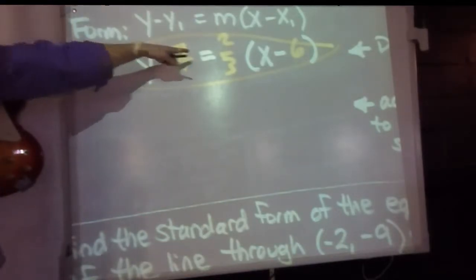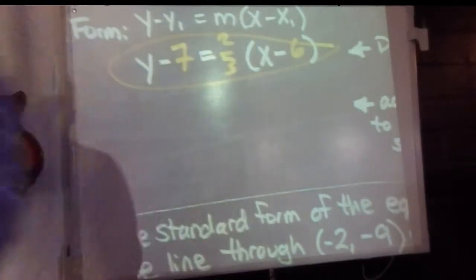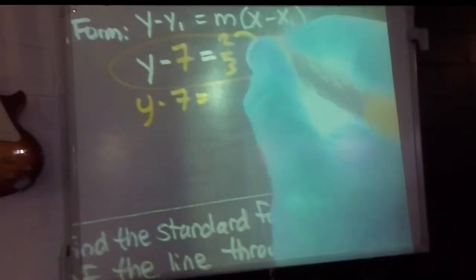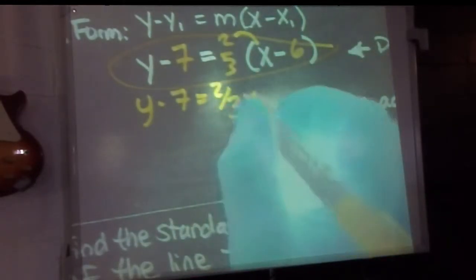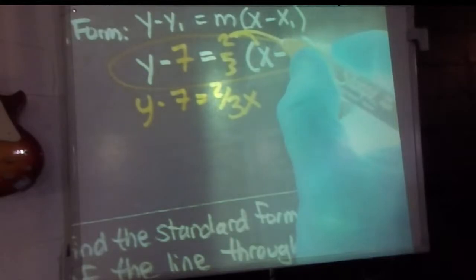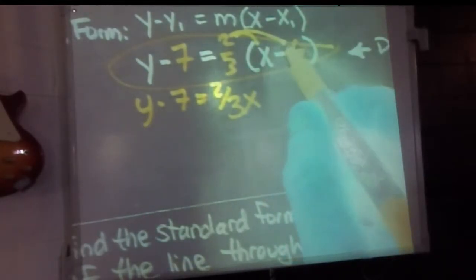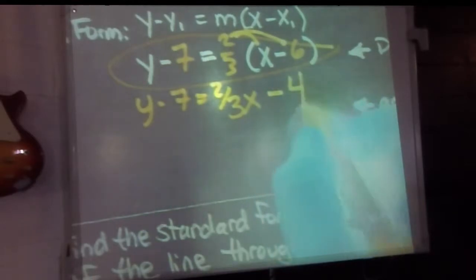If you got it in this form and you need y equals mx plus b, it's 2 steps. The first one is to distribute, so you have y minus 7 equals 2/3 x, and then what is 2/3 times negative 6? Negative 4, right? Positive 2/3 times negative 6 makes negative 4.